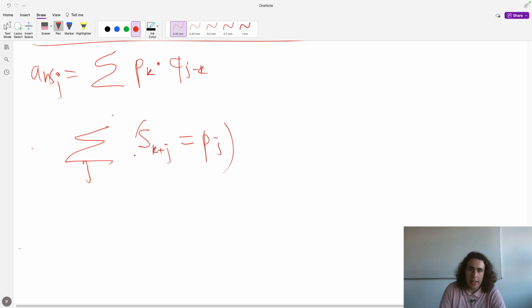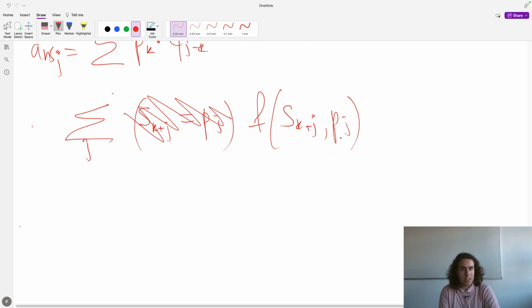And we want to check that for all j they are equal, right? I cannot do this. This is not an algebraic thing, so I cannot do this with FFT. But I can do some kind of functions of s_(k+j) and p_j. Again, this is not a convolution, but you reverse p and then it becomes a convolution.